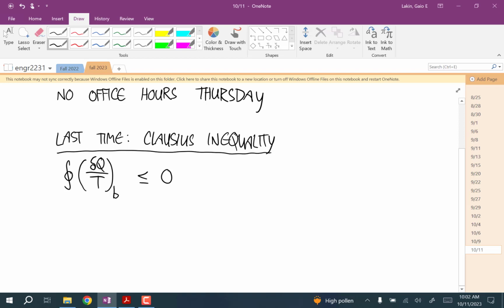And the important thing to remember is that this is for any actual process. So this is not like an idealization or anything. If the process is reversible, then it's equal to 0.